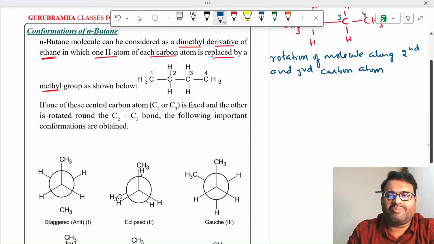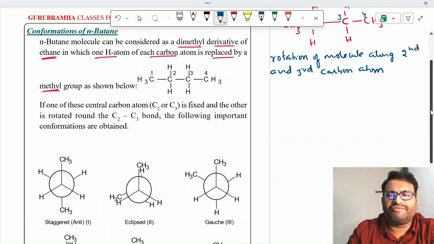There are an infinite number of conformational isomers, as we have already studied, but among them we will study a few. In this session, we are discussing the conformational isomers produced when the rotation is done along the second and third carbon atom.